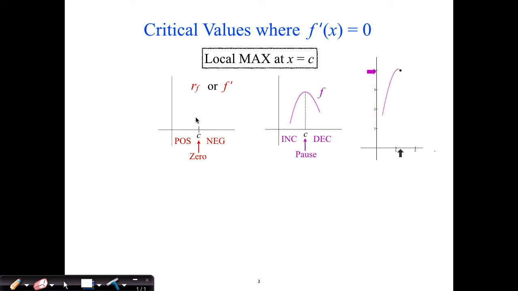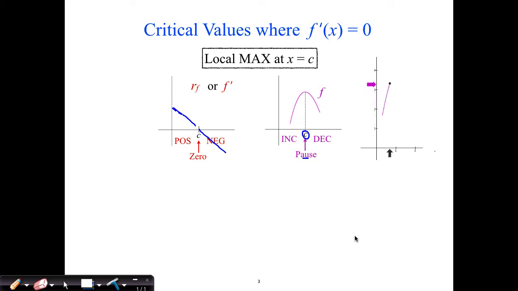But if I was looking at my rate function, it would have to be positive, then hit 0, and then be negative, in order for the critical value, this point c, to be what's called a local maximum.